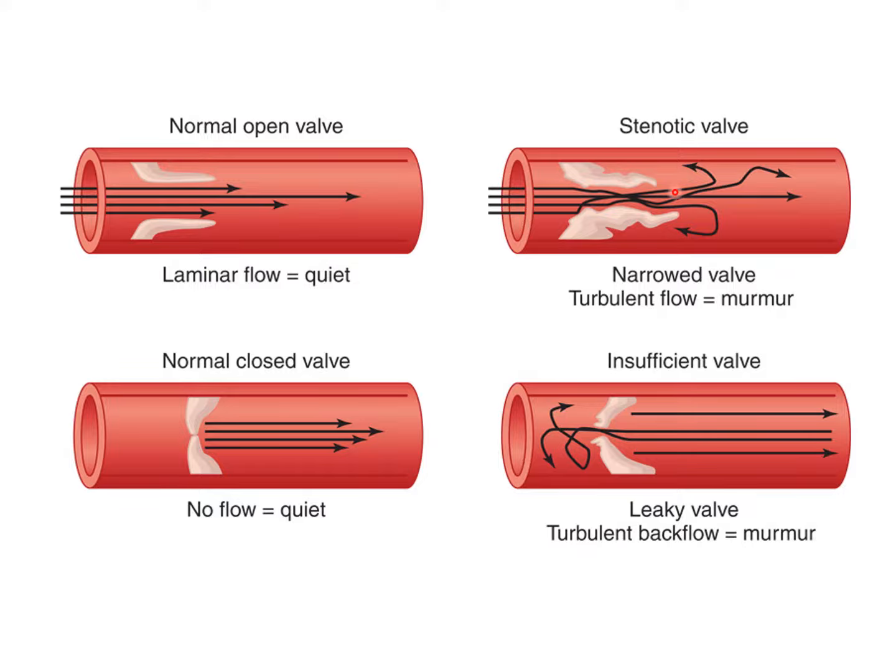If they don't open smoothly, maybe because you've got plaque or stenosis, which is a narrowing valve, that is a murmur you could hear as turbulence during ejection. If the valve doesn't close all the way and blood goes gurgling back into the chamber below it, that would be a noisy sound after contraction has completed, and that would be an insufficiency.